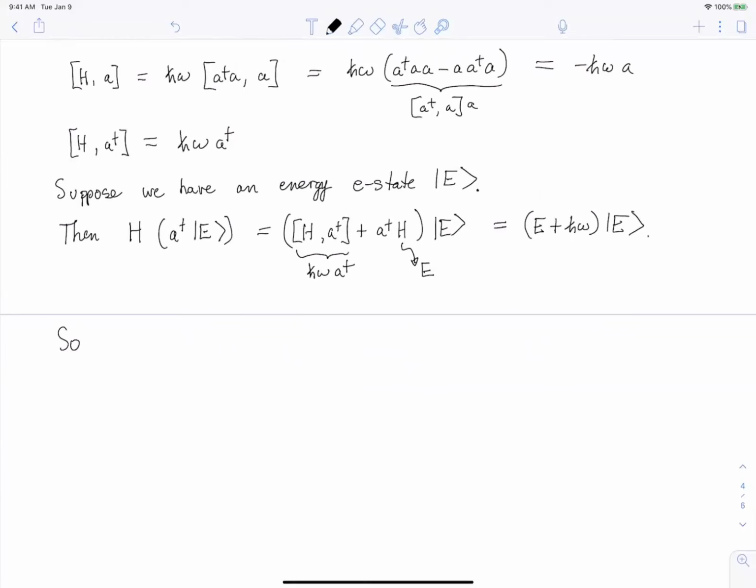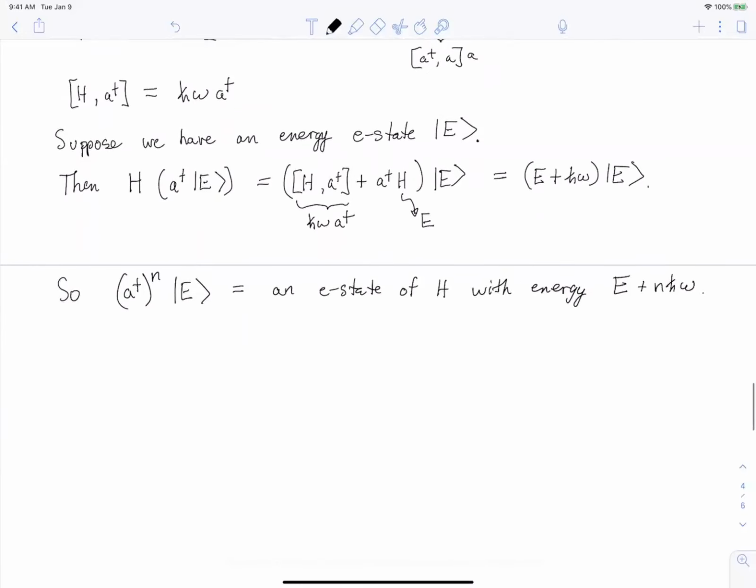What we've learned is that if I act with A dagger n times on an energy eigenstate, then I get back an eigenstate of H with energy, that's the original E plus n times h bar omega. Okay, and so we've constructed a new energy eigenstate out of an old one.